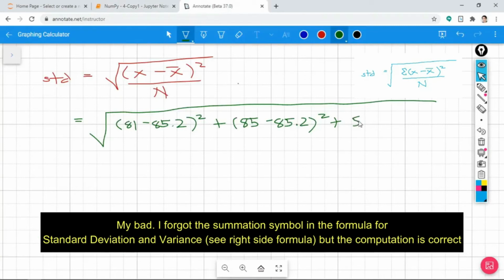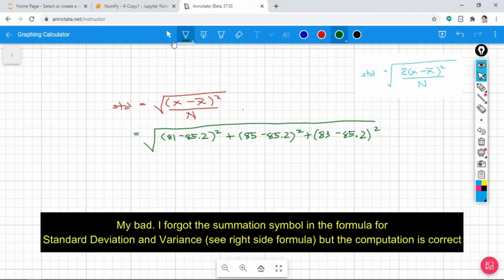So we have 83 minus 85.2, squared. So let me just zoom out.